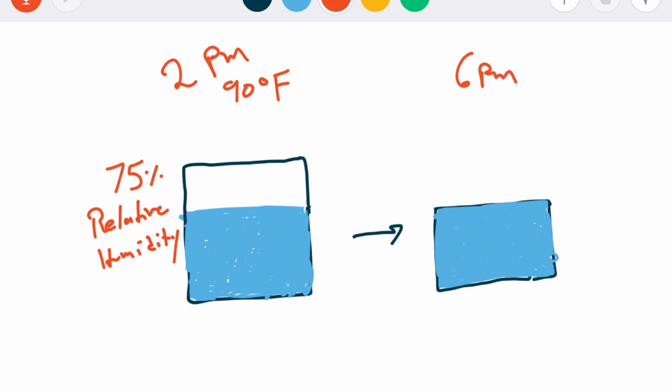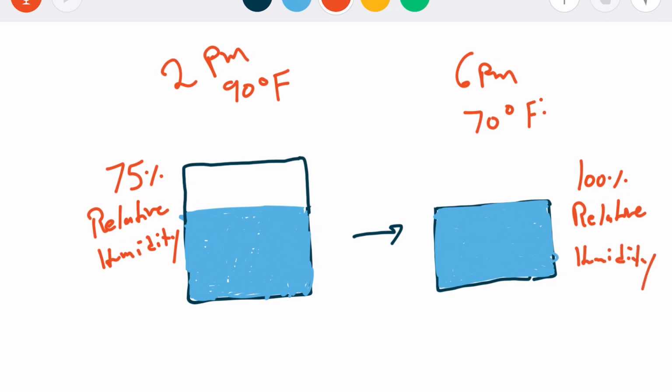the day has cooled off 20 degrees, and now it's only 70 degrees Fahrenheit, which causes the air to actually shrink, but the water vapor didn't go away. So now that there is the same amount of water vapor, but the air is smaller, I'm going to go back to 100% relative humidity because my air shrunk.